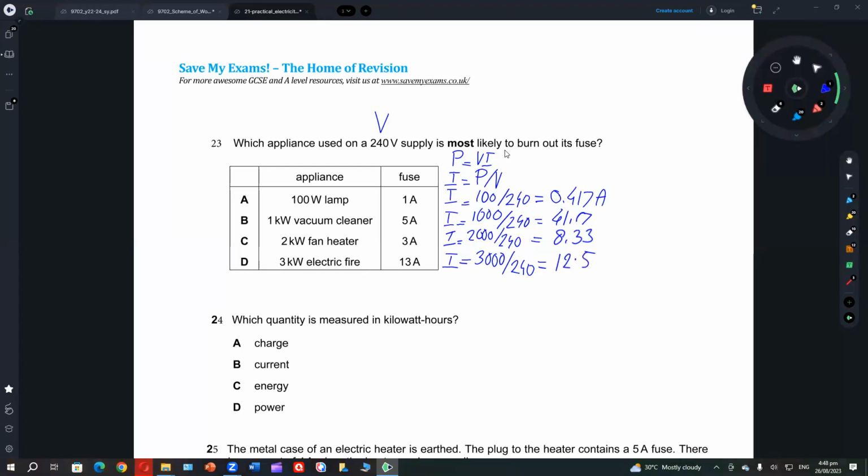Now compare all the answers. Most likely to burn out, where the current exceeds the fuse current.